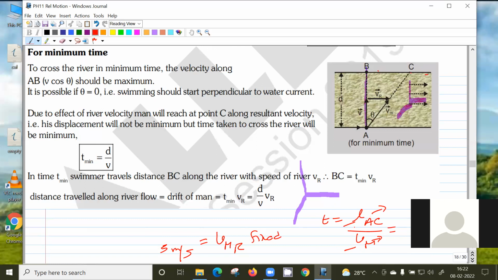But in the case of the frame attached to the river, the time taken will be this distance d1 divided by the fixed velocity. d is fixed, the denominator is fixed, and whenever d1 is minimum, the time will be minimum.